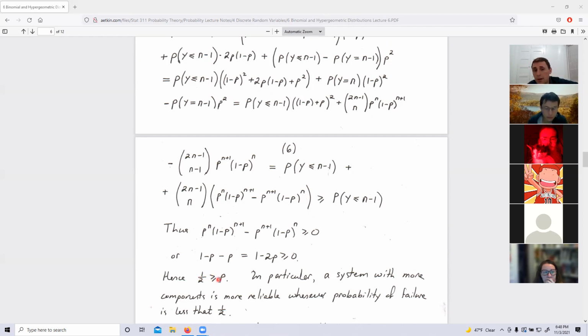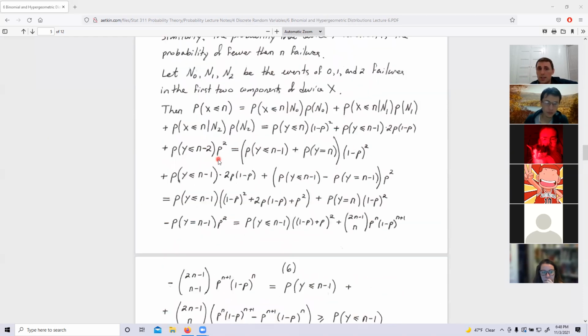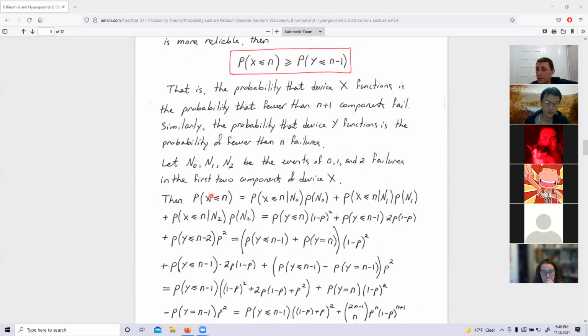So if you have parts more reliable, basically the probability of failure is less than 1/2, then you want to have as many parts as possible. If the probability of failure is more than 1/2, then you want to have fewer parts. You see, if failure is smaller than 1/2, you prefer more parts. Because what is this? This is the probability of more parts.